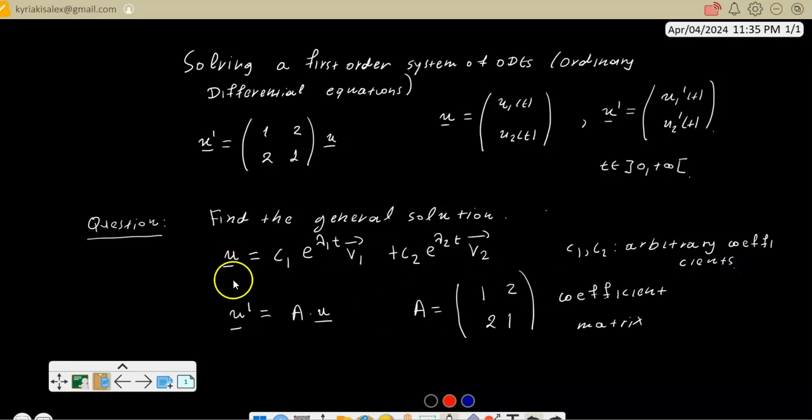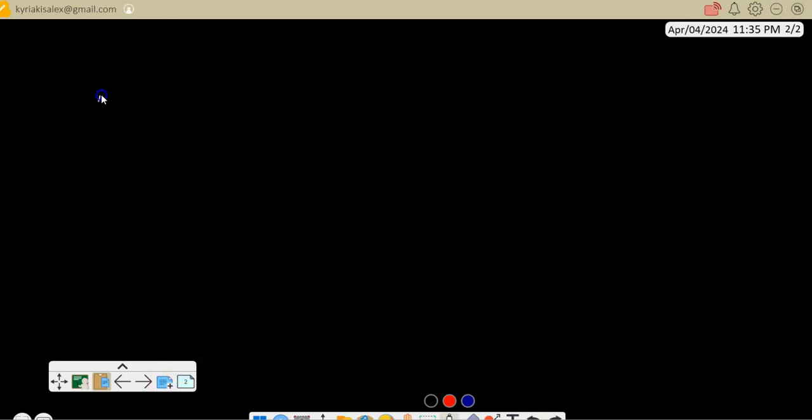In order to find the explicit solution for this system of ODEs, we first need to find the spectrum of this matrix, which means that we need to find the eigenvalues of this matrix. Finding the eigenvalues.